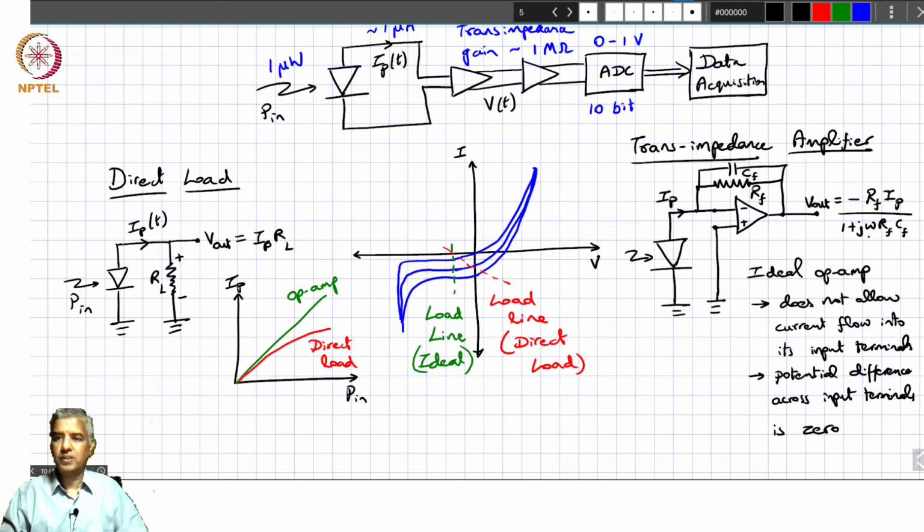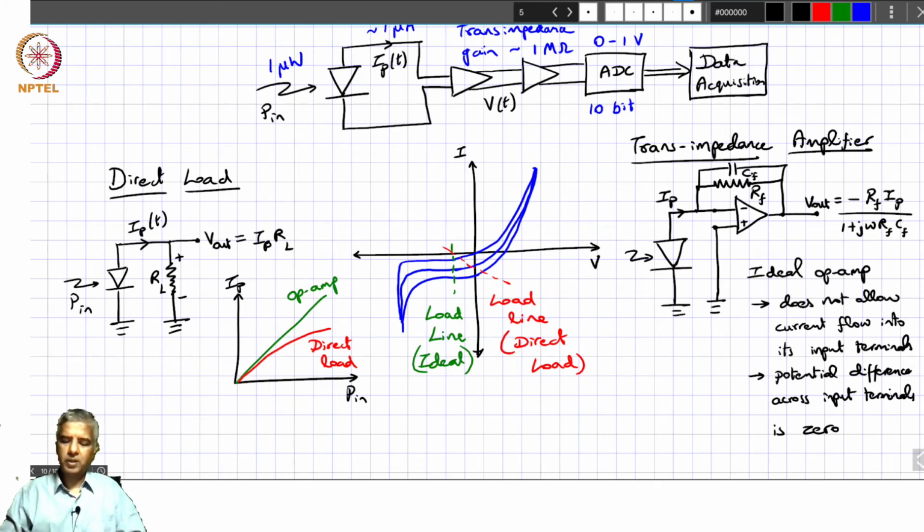So at low frequencies it may be neglected, but as you increase your frequency, as you approach that 1 over RF CF value, you're going to have the amplification getting reduced. So the frequency response is going to be poorer as you go to higher frequencies. So there is a limitation in terms of the bandwidth that you can achieve based on this configuration. That's one of the downsides as far as a transimpedance amplifier is concerned.